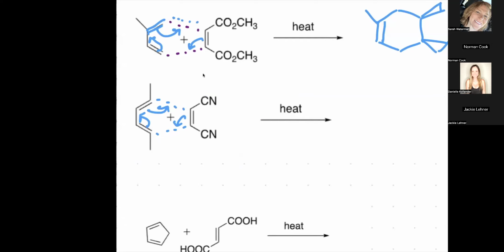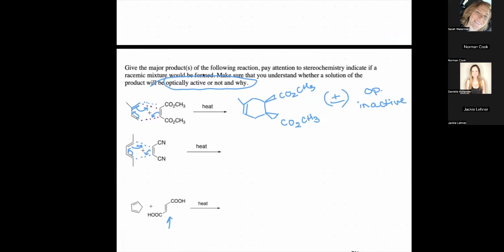So anyway, it's the same thing. We draw our cyclohexane and add our double bond. Because these are on the same side, they're both out, and it doesn't matter if you choose wedge or dash.